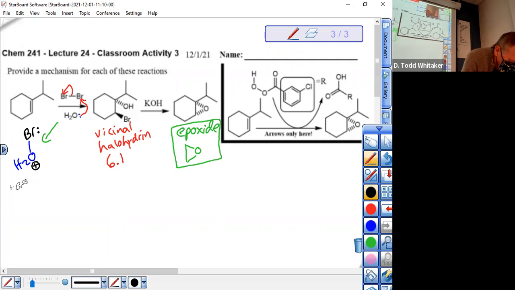Small and off to the side. And this was one of our early triangles. Remember that? Triangle time? We attack the Br with the pi. Water gets booted off. And instead of a carbocation, lone pair comes back to that carbon to make a triangle.